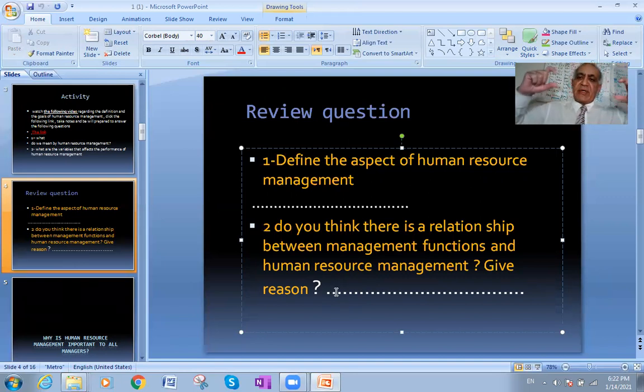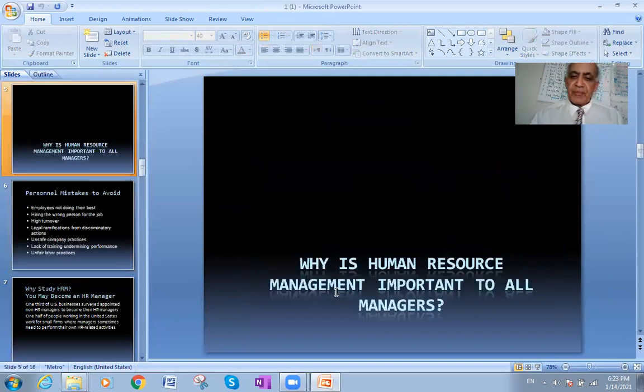Notice that human resource management is a department connected to the other departments in the organization. And the success or the failure of a part of the organization, which is the human resource, means the success or the failure of the whole company as well. Is the human resource department important for all managers?